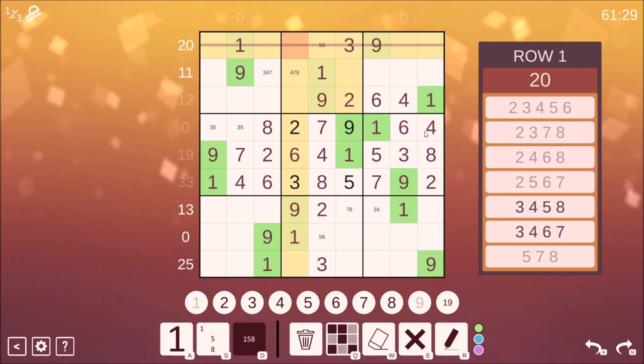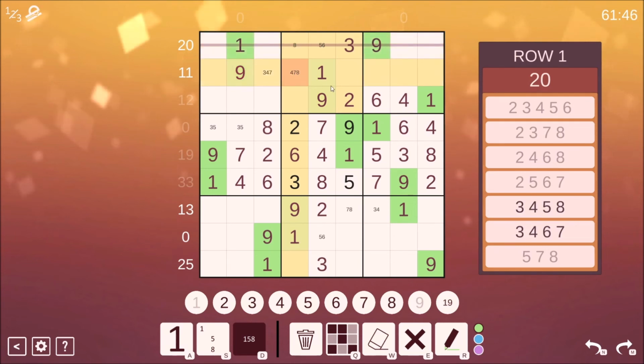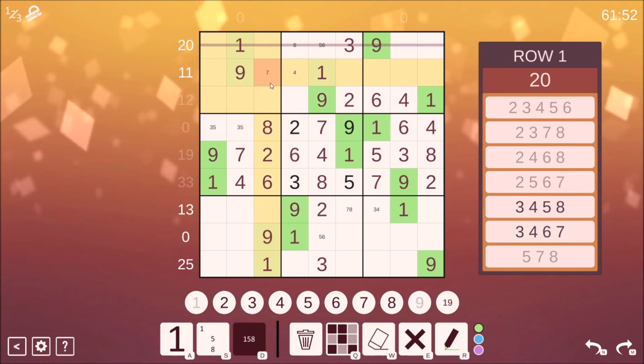So we could have a 3, 4, 5, 8, which would be a 3. The 4 and the 5 would have to be split by an 8. So the 8 would go there. Rule out the 7, 8, and the 3, 4. 3, 5, 8, 4.